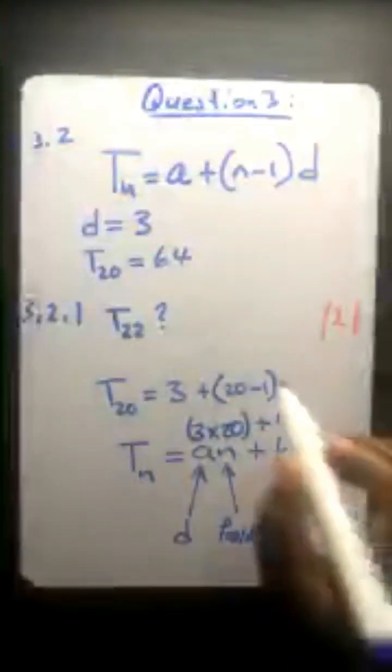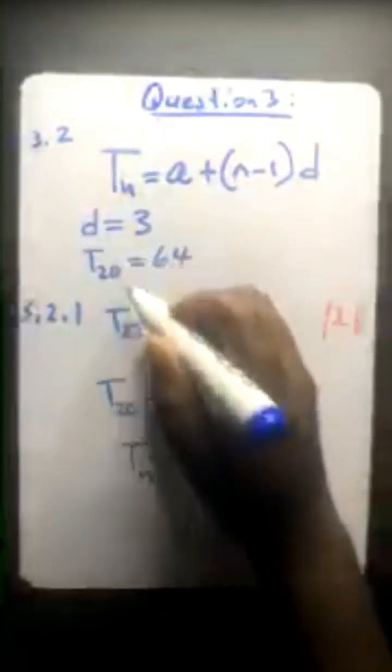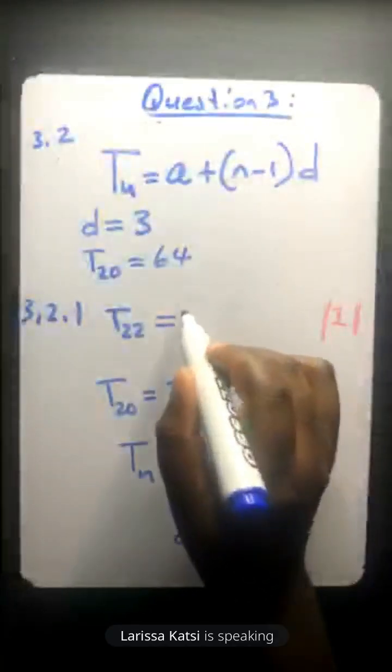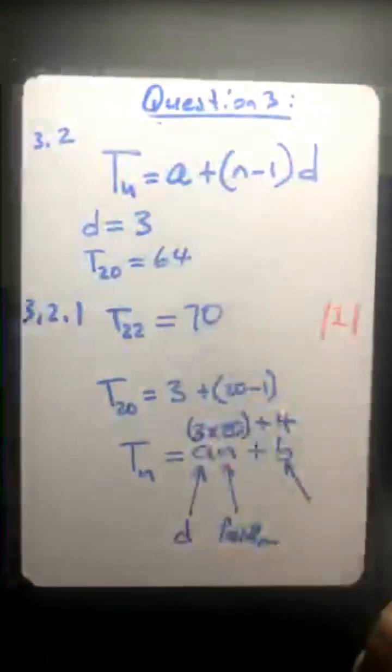But how did you get to that answer? You said 70. How did you get to 70?